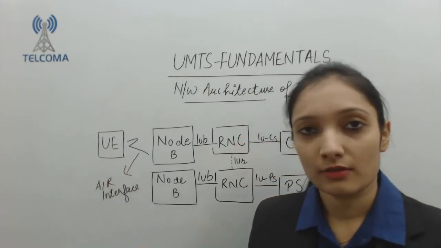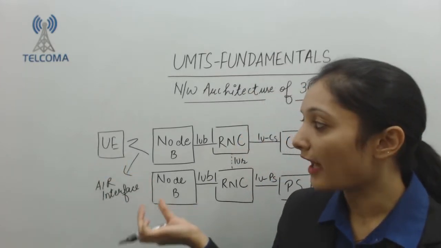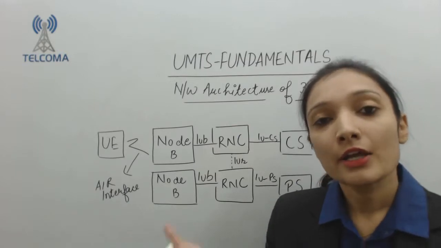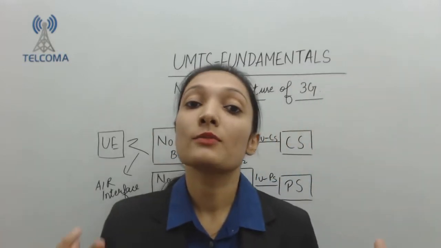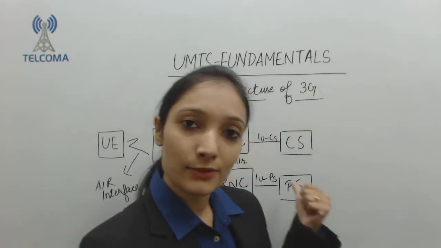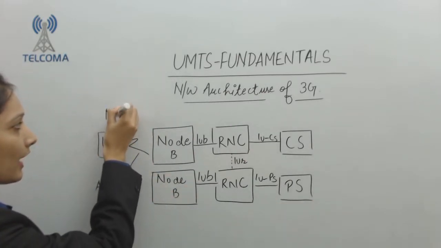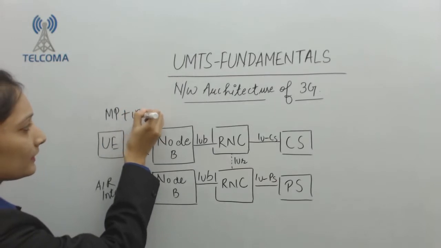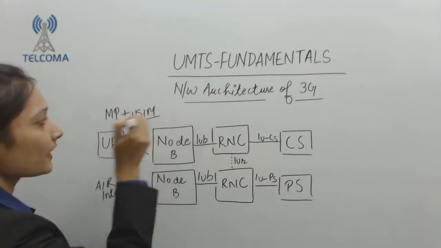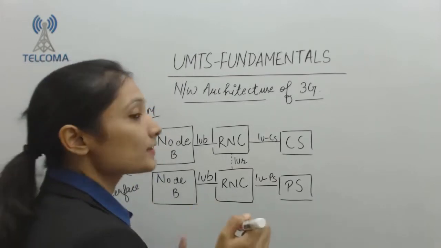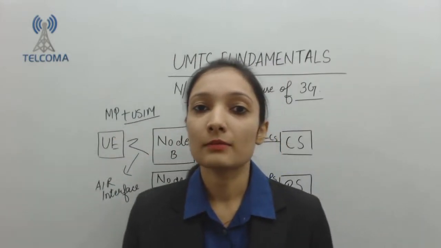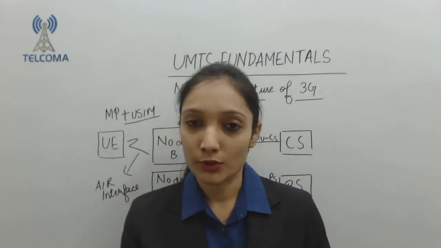The first major equipment which we have in our system is the user equipment. We can define user equipment as our mobile phones. That means the user equipment consists of the mobile phone and the SIM card, which is here referred to as the universal SIM card. As we know, SIM card is a subscriber identity module.